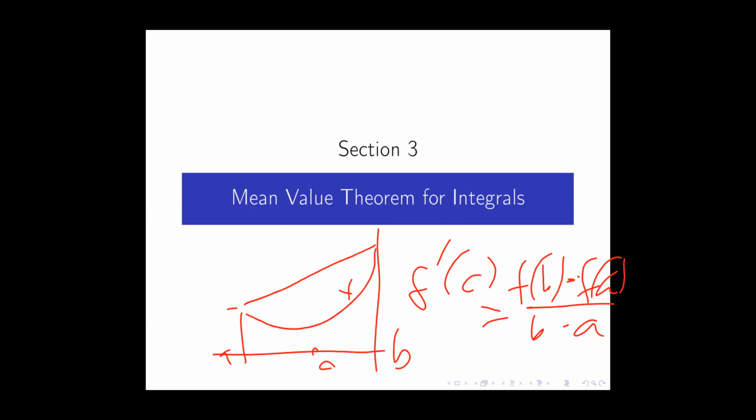So the slope of the tangent line is the same as the slope of this secant line.